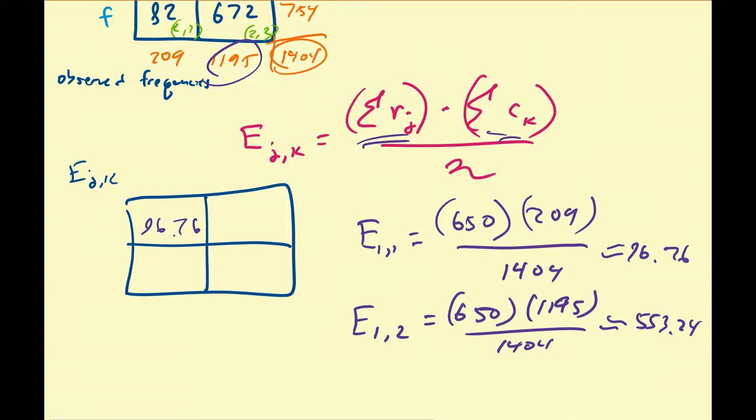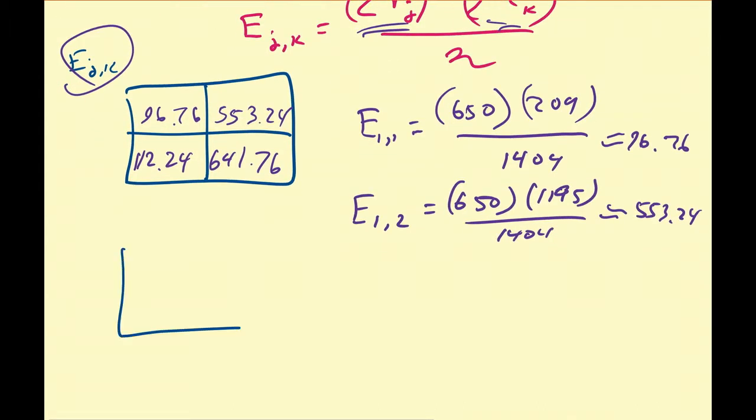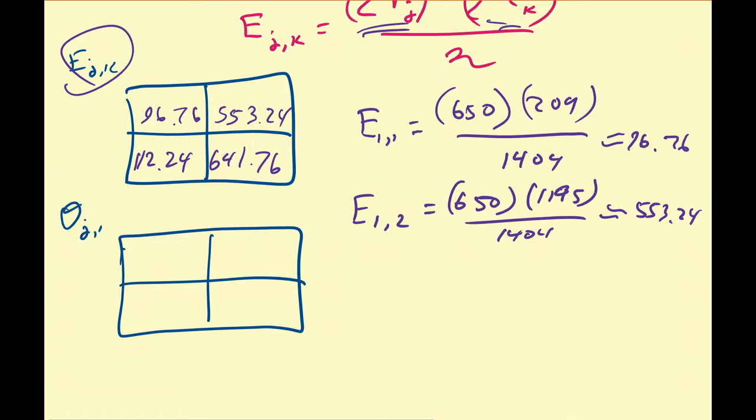These are your expected frequencies for each of these cells. Let's go back to our observed frequencies, which I'm going to abbreviate by O_JK. Those were equal to 127, 523, 82, and 672.